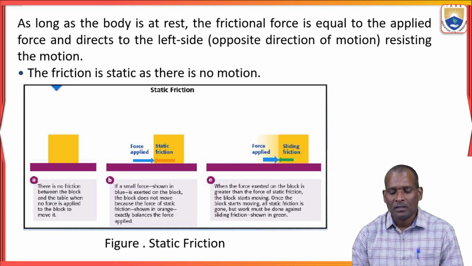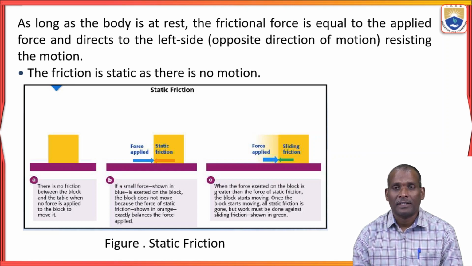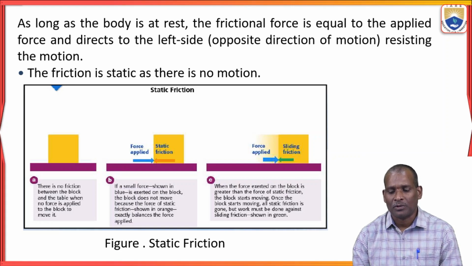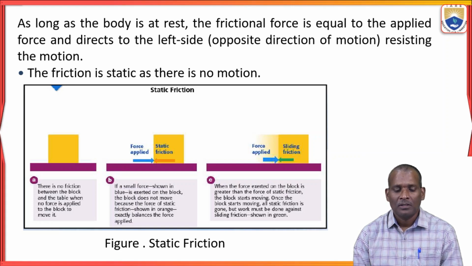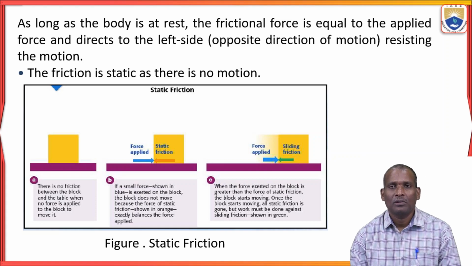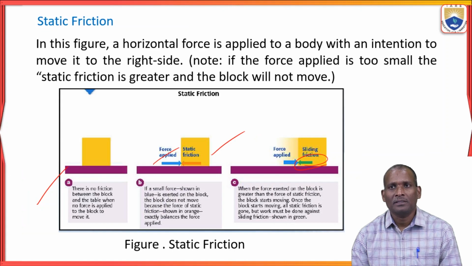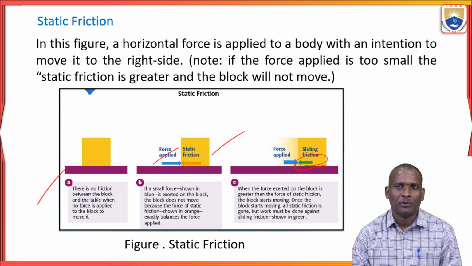So, as long as the body is at rest, the frictional force is equal to the applied force and is directed to the left side, opposite to the direction of motion, resisting the motion. So the friction is static and there is no motion. Here the force is applied to a body with the intention to move it to the right side.